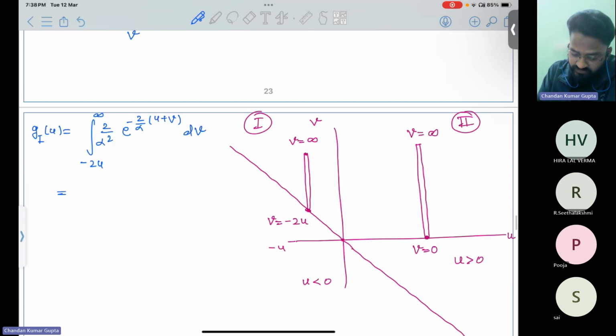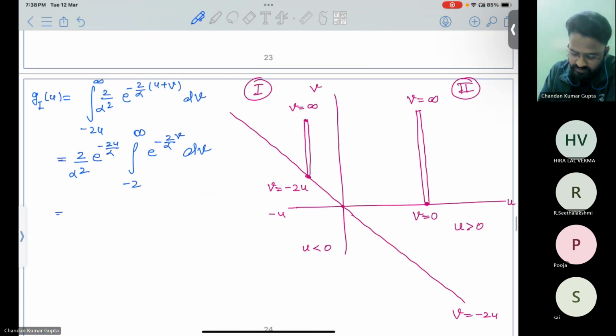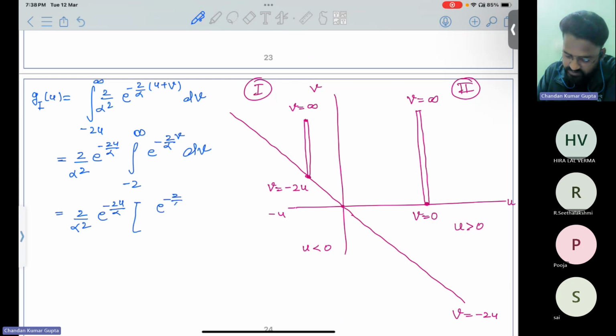That means we have 2 upon alpha square e to the power minus 2u by alpha, times the integral from minus 2u to infinity of e to the power minus 2v by alpha dv. So it is 2 upon alpha square e to the power minus 2u by alpha, and then e to the power minus 2v by alpha divided by minus 2 by alpha, from minus 2u to infinity.